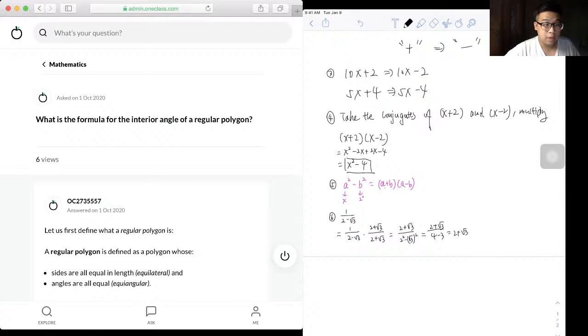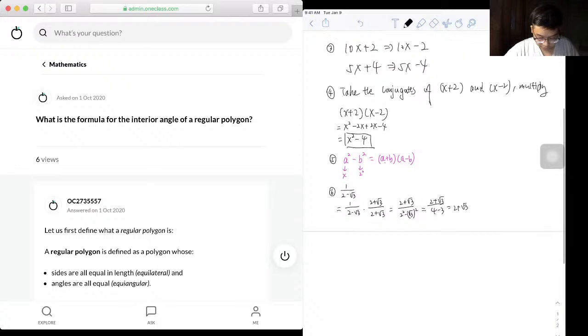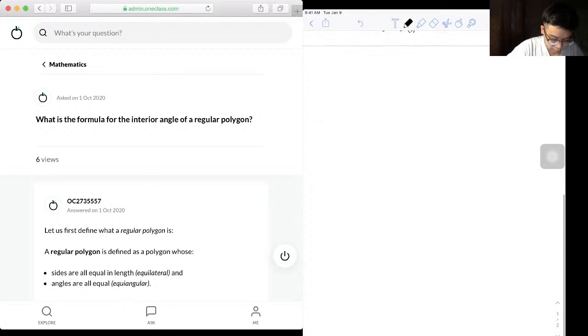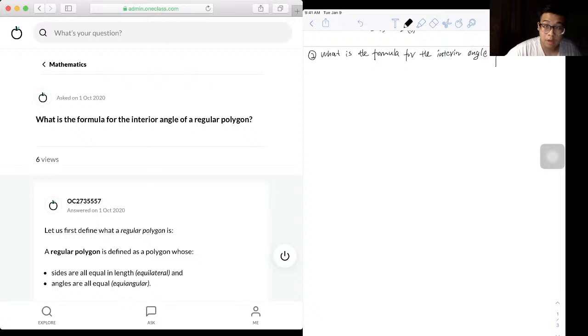So coming up, we have our next example. It's asking, what is the formula for the interior angle of a regular polygon?